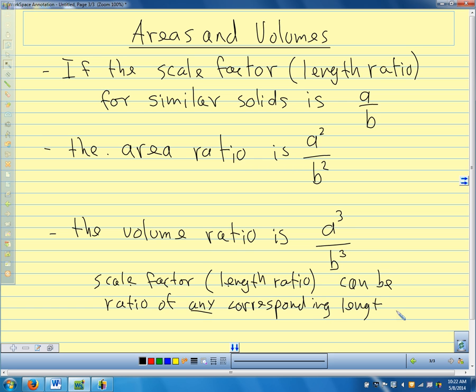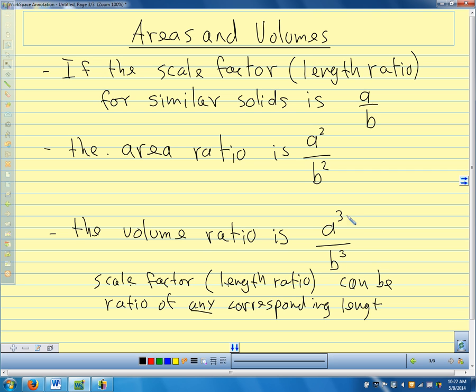So I could talk about the ratio of the perimeters. I could talk about the ratio of the slant heights. I could talk about the ratio of the circumferences. I could talk about the ratio of the radii. So it doesn't just have to be a side. As long as it's a length ratio, it's going to be the same as our scale factor. So sometimes they'll ask about perimeters or circumferences or slant heights, and it's not necessarily a side. Doesn't matter. Still a length ratio.